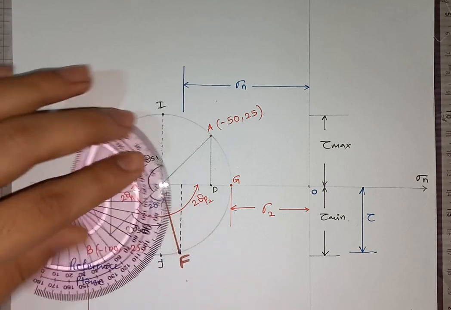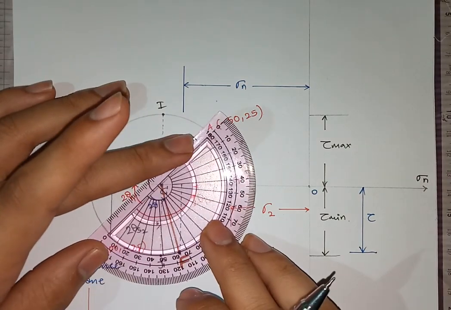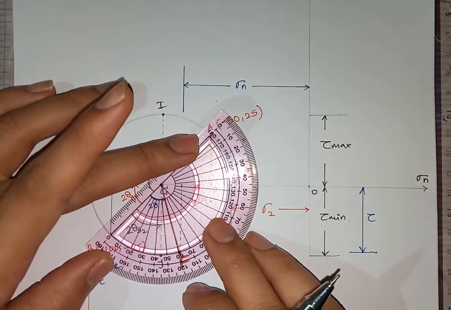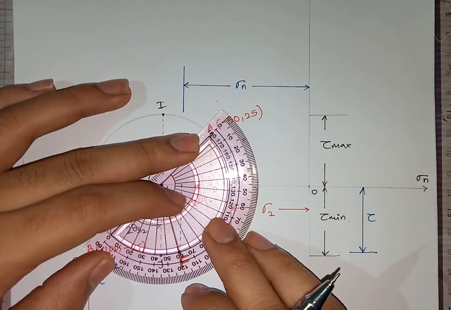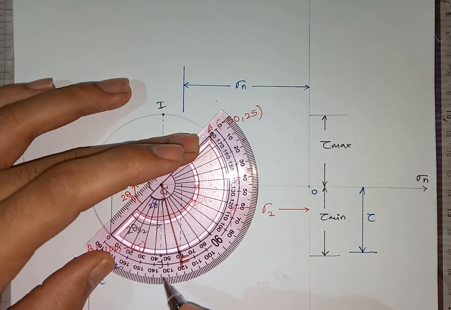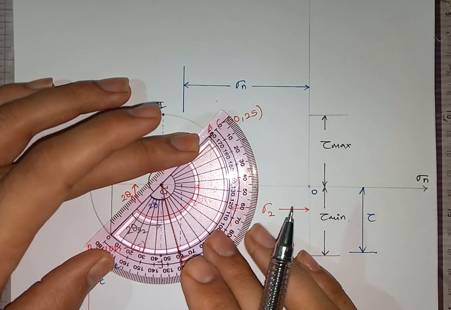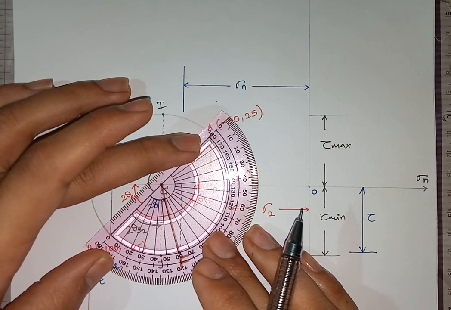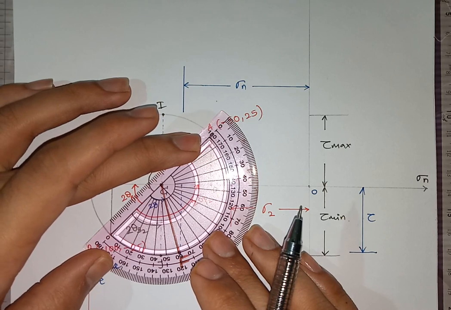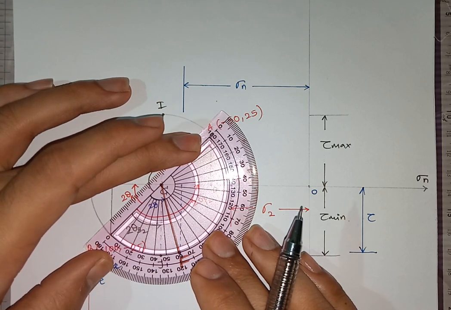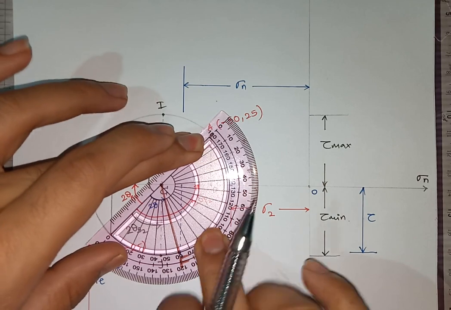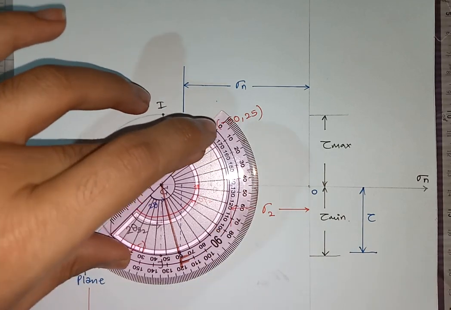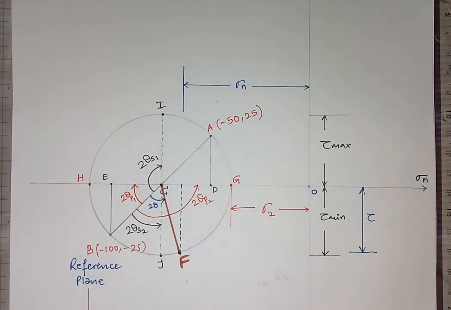And if I check the other one, it is giving me how much? 45, right? 45 and 136.